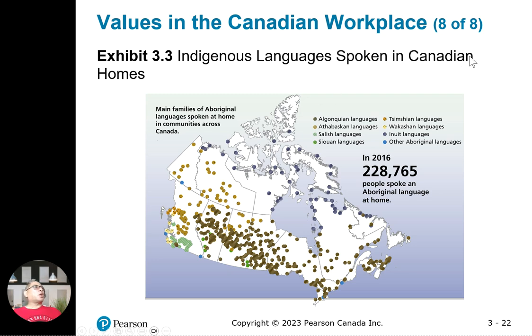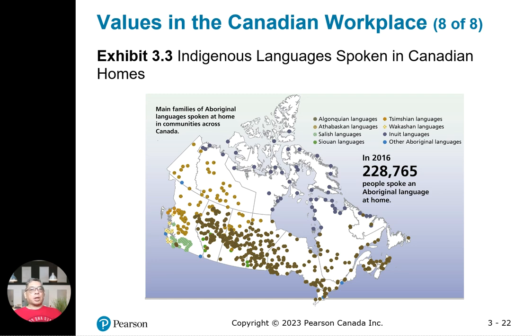Indigenous languages spoken in Canada are a good example. The main families of Aboriginal languages range from Algonquin all the way to Inuit. This gives you an idea of the languages people speak at home. This is a language map. It shows most families in southern Canada speak Algonquin languages; in central and west Canada, Athabaskan languages are spoken. Wakashan languages are spoken in Victoria.